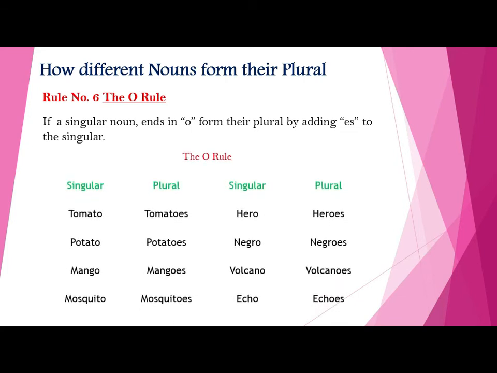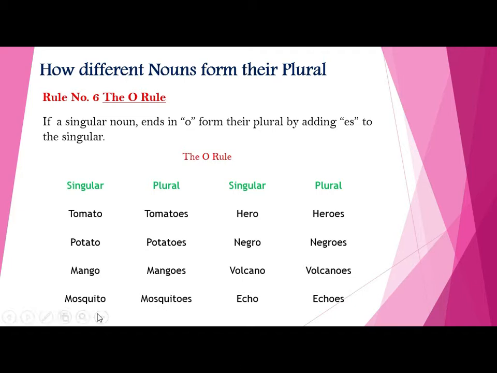Tomato, its plural is tomatoes. Hero, its plural is heroes. Potato, its plural is potatoes. Negro, its plural is negroes. Mango, mangoes. Volcano, volcanoes. Mosquito, its plural is mosquitoes. Echo, its plural is echoes.